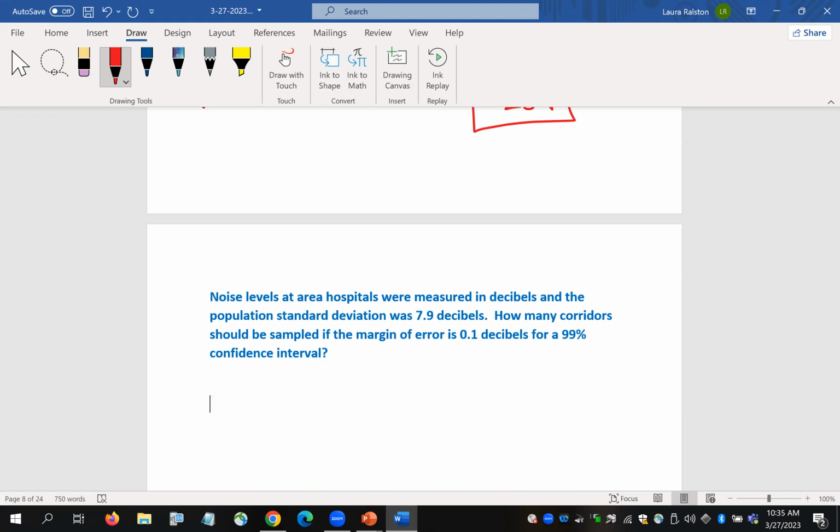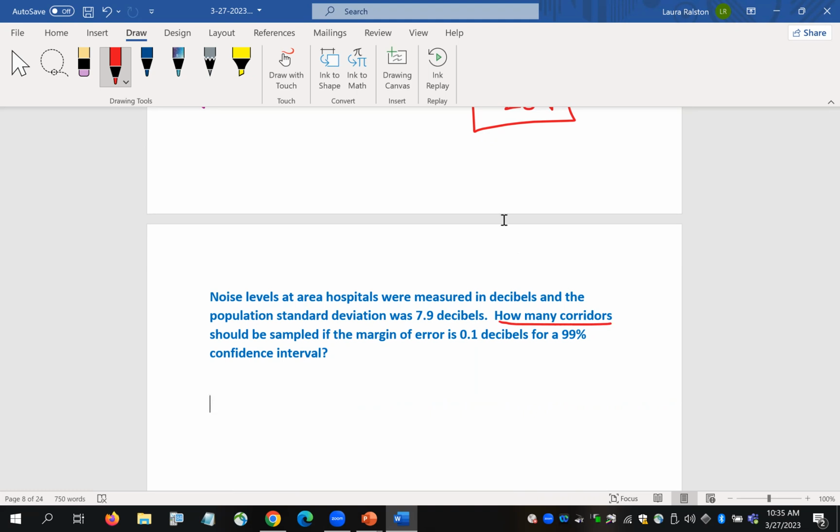Again, two things jump out at me. It says how many corridors, so it's asking me for the sample size.